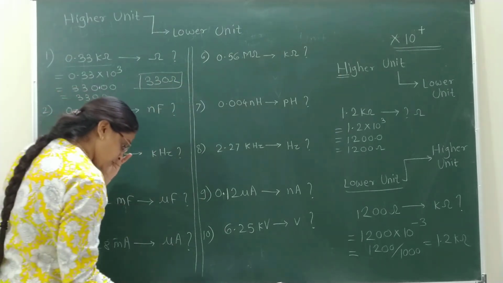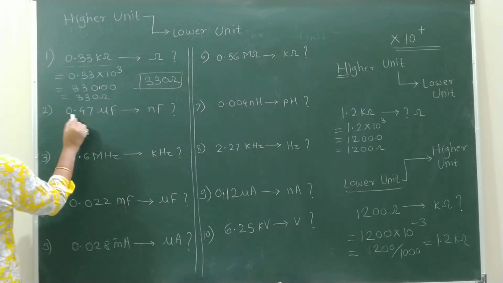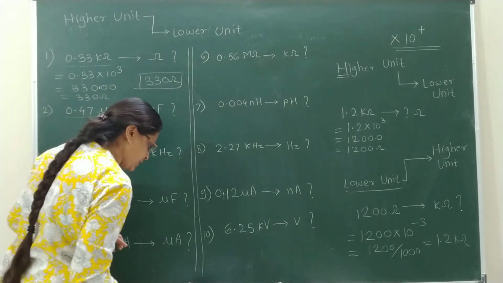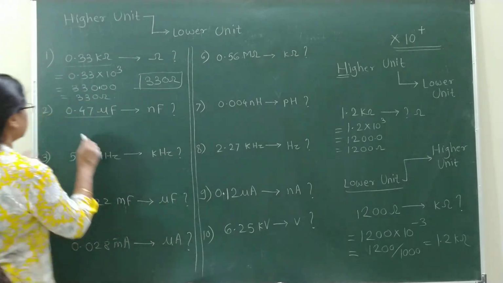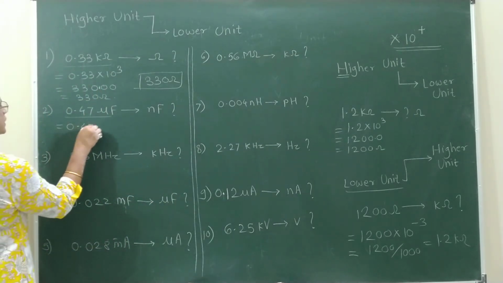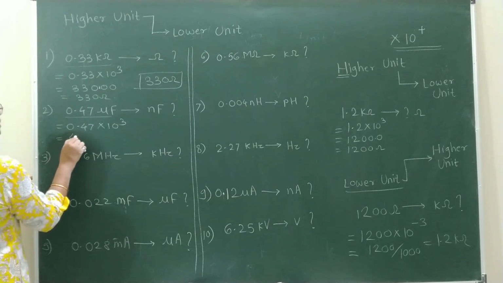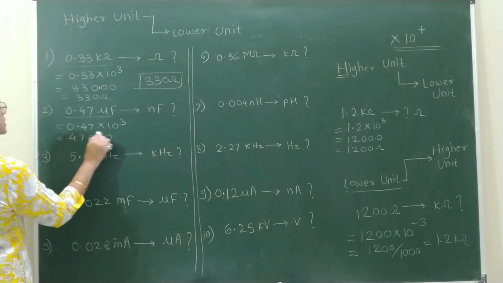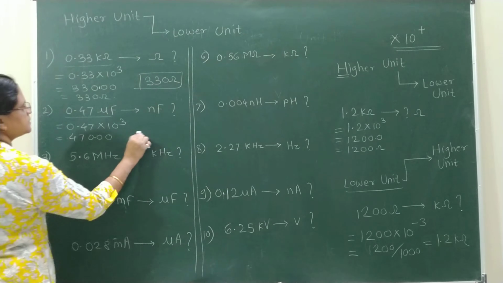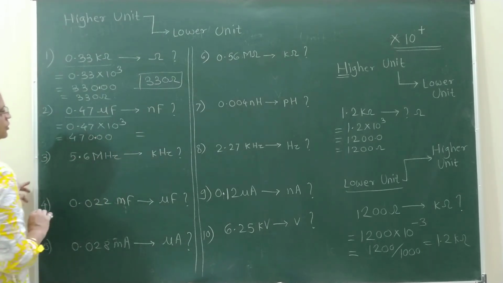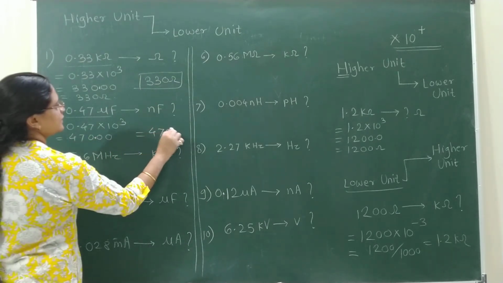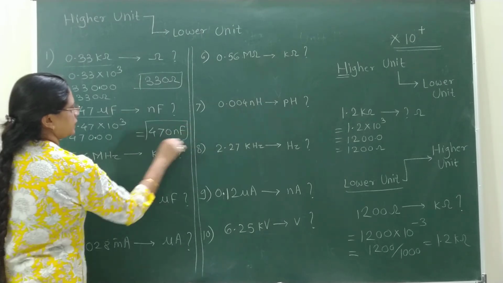So that is the first part. Second, 0.47 microfarad to nanofarad. Again, 0.47 into 10 raised to 3. That is 4, 7, 1, 2, 3 zeros. From right side, it becomes the adjustment of decimal point, 470 nanofarad.